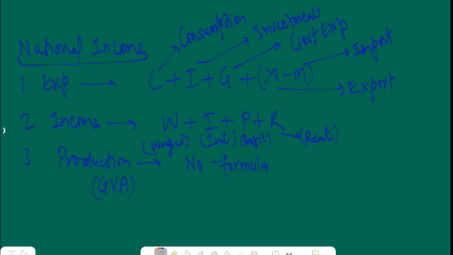Now let's understand GDP. Another one is GNP, which is gross national product. Next one, net national product. And net domestic product.